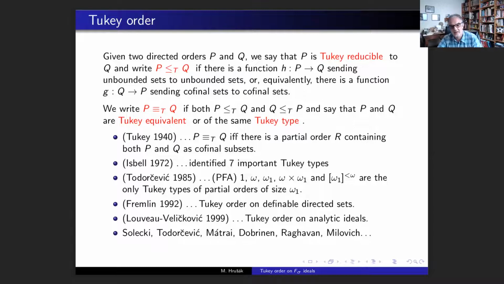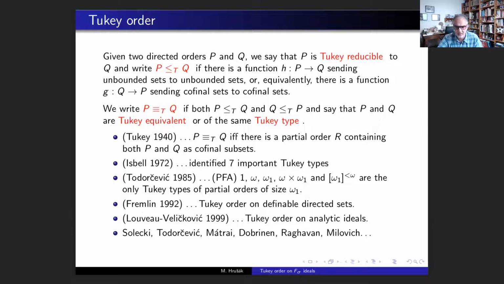And then finally in 1985, Stevo Todorčević showed, as Osvaldo mentioned in his previous talk, that indeed the 5 types identified by Tukey are really the only ones that you can find in ZFC.